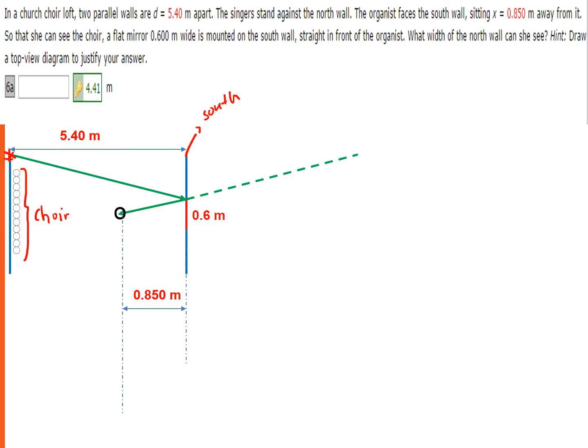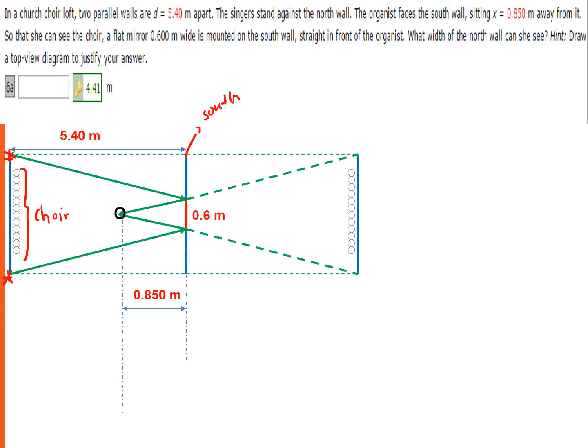Then also, rays coming from this part here of the north wall would also strike the mirror and get reflected towards the eyes of the organist, and again we would trace the reflected ray backwards. With these reflected rays, we will be able to see the image, and it's going to look something like this.